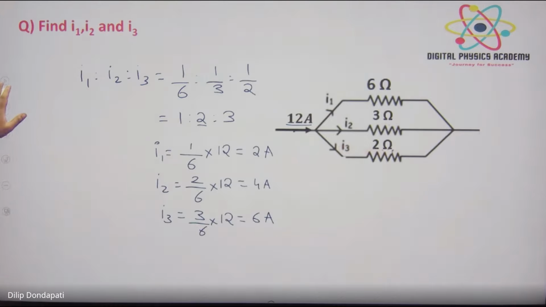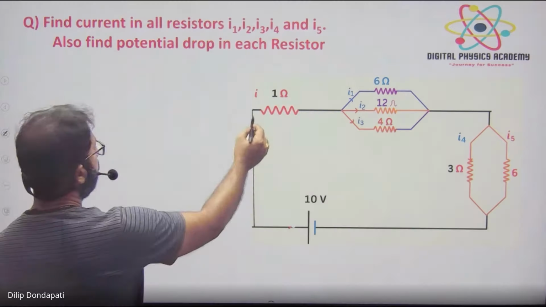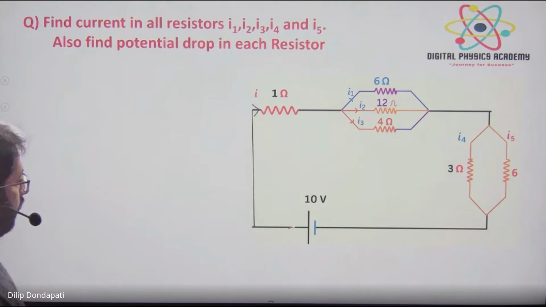चलो. I want I1, I2, I3 and I also. So first I करके बोलो मुझे कितना आएगा.